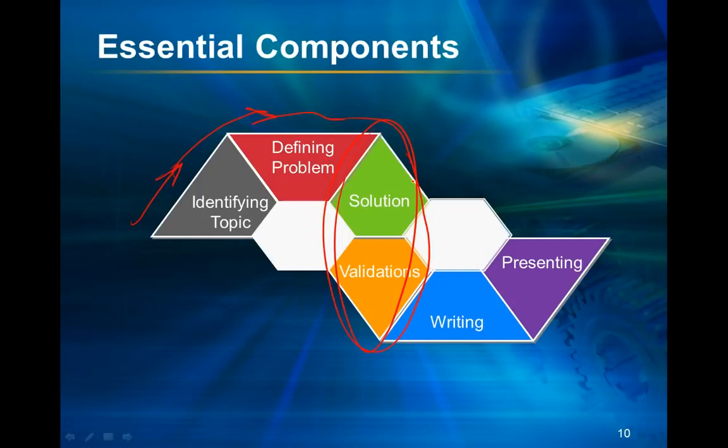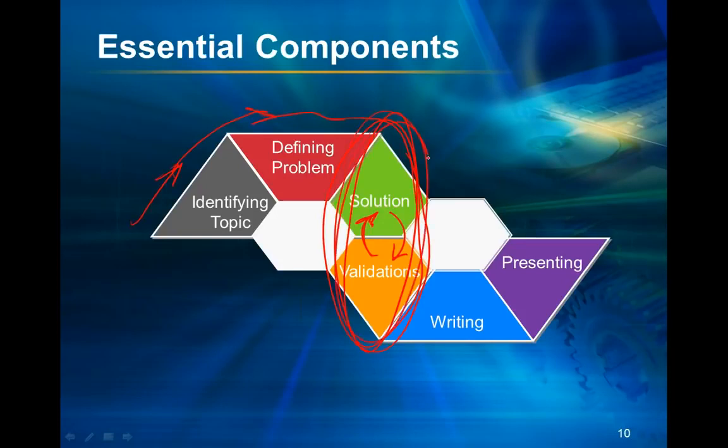You have to validate that through experimentation or through models or whatever. So you validate. Sometimes you go back and forth between these two because you tried a solution, you could not validate it, so you found that there is something wrong in there. You go back and forth between that.